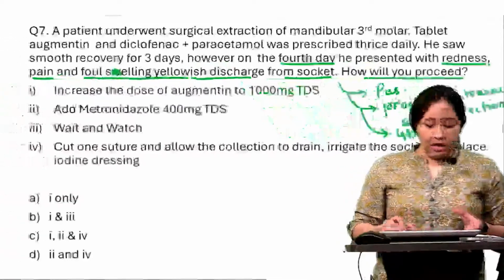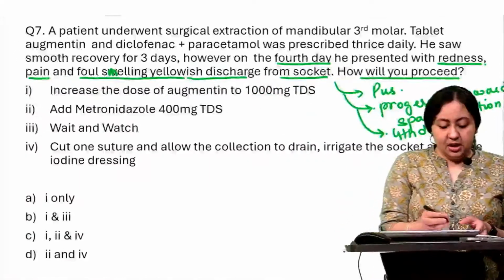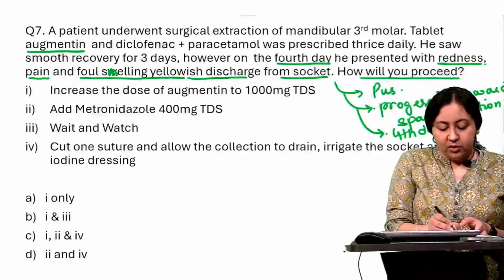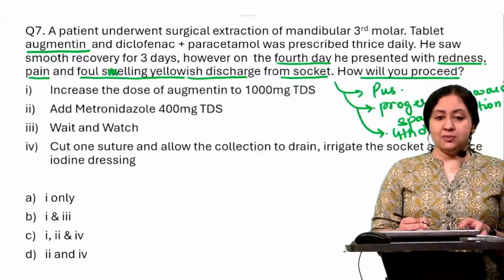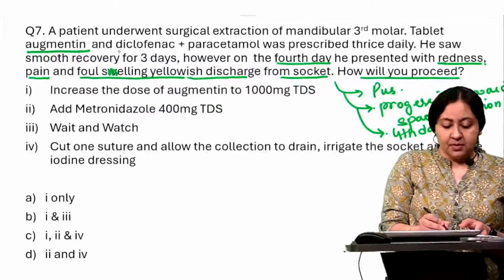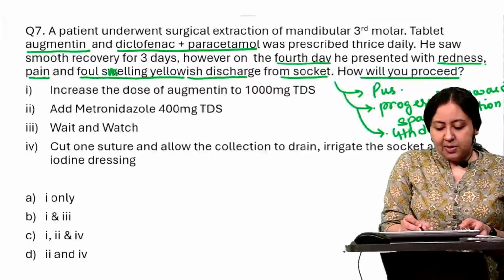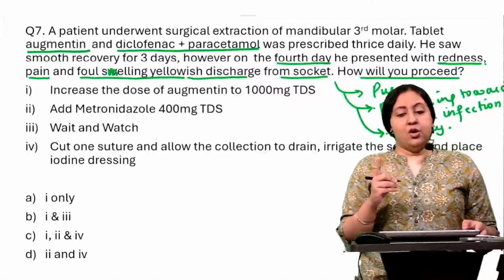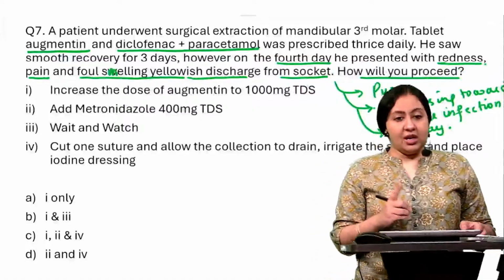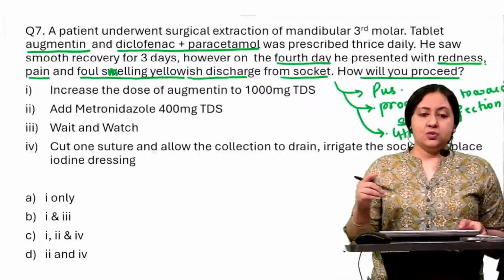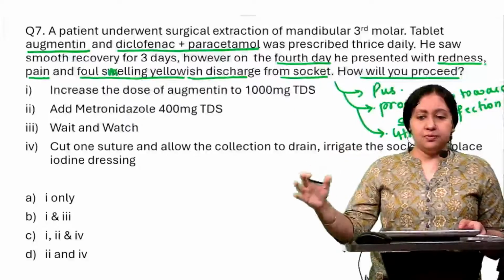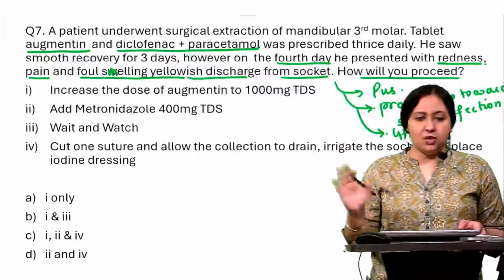Now the second thing you have to pay attention to is the patient has been given Augmentin and diclofenac and paracetamol. So for antibiotics he was given just Augmentin, and the rest were analgesics, anti-inflammatory, NSAIDs.